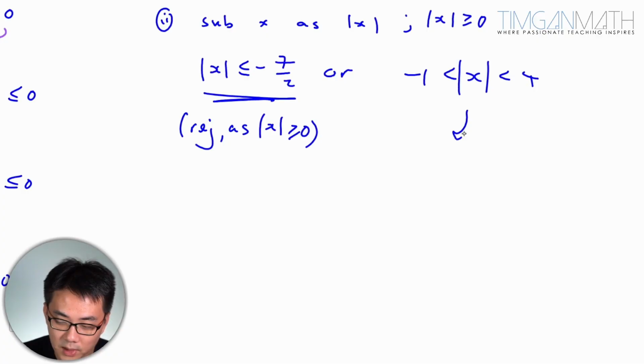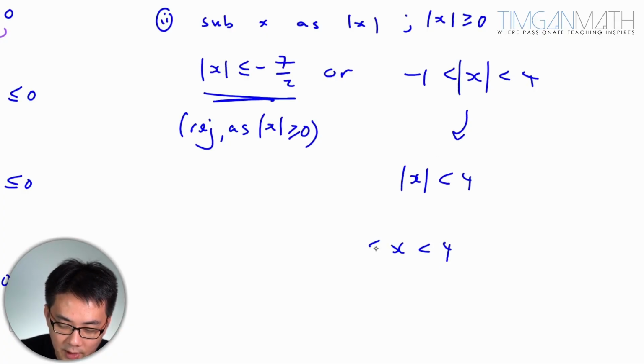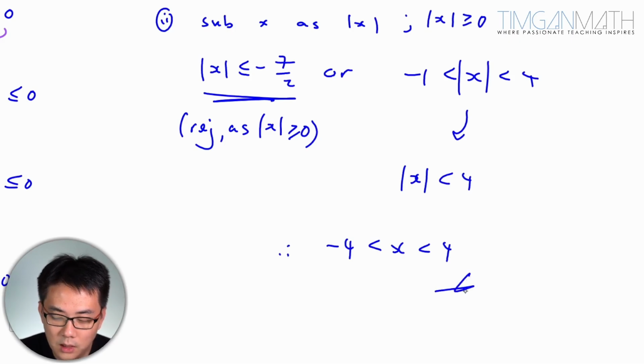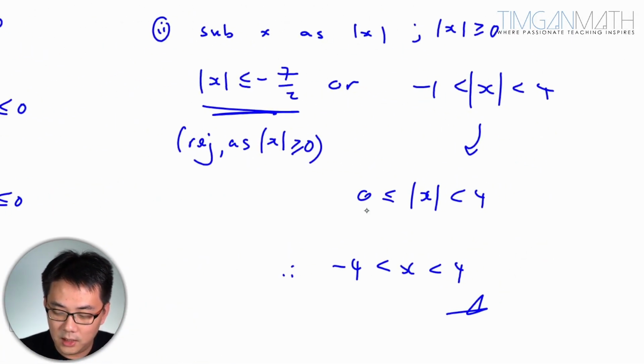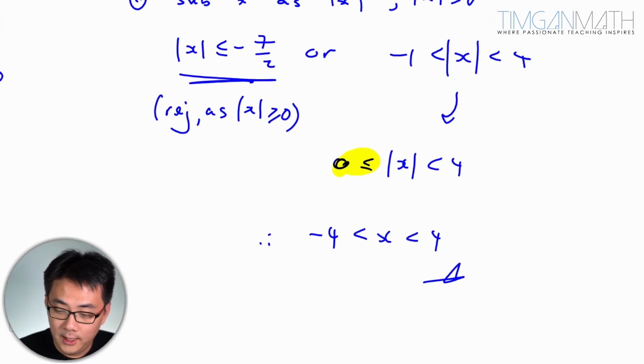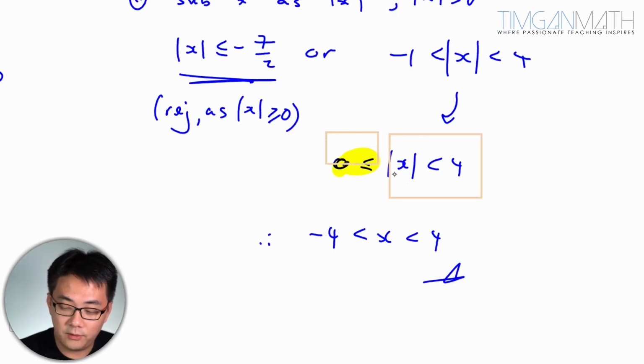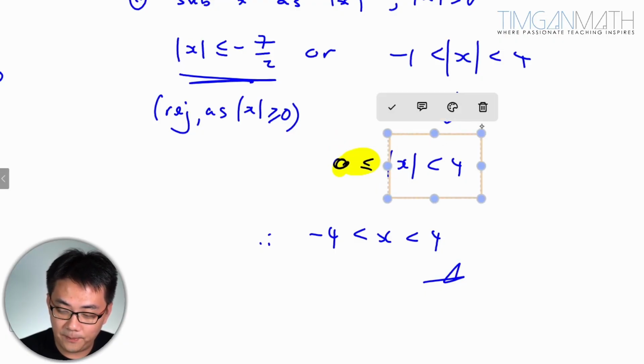So this will be mod x less than 4, so x between 4 and negative 4. That's about it. You can just ignore the negative sign because it really doesn't matter. You solve for this one and for this one, you overlap it, and it's the same.